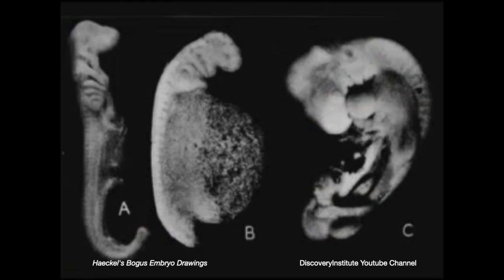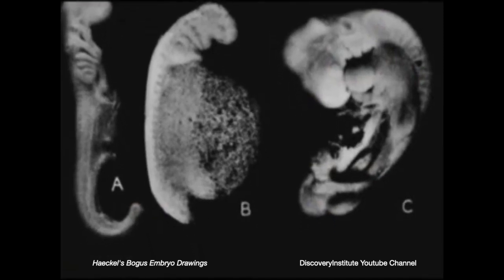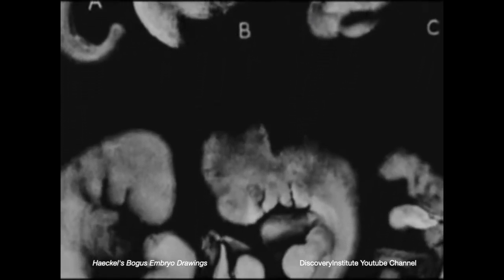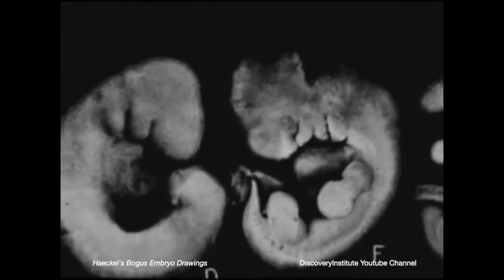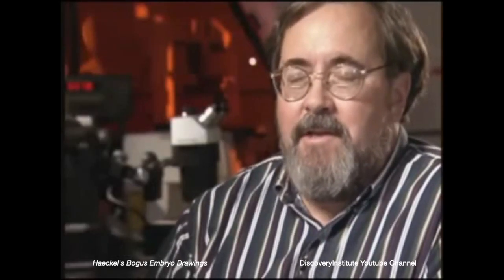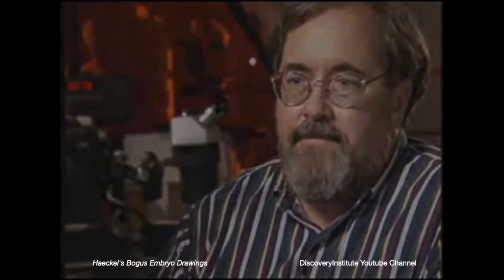Some textbooks actually use photographs of embryos, but they pick only that stage and those classes that happen to look most similar. And they omit the earlier stages, and they omit those classes that don't look similar. So that, to me, is picking the evidence very carefully to support the theory, and that's not good science.